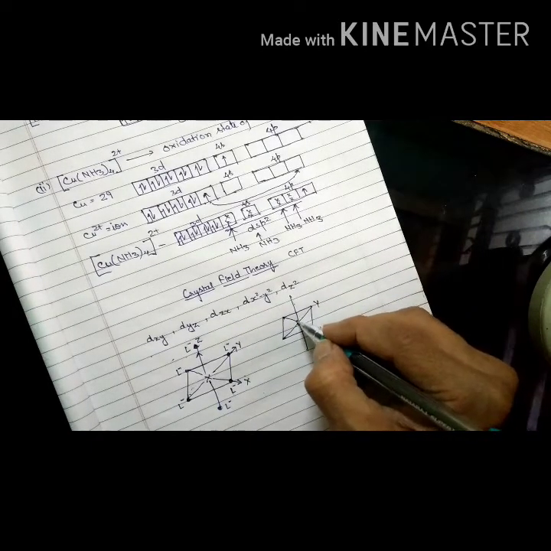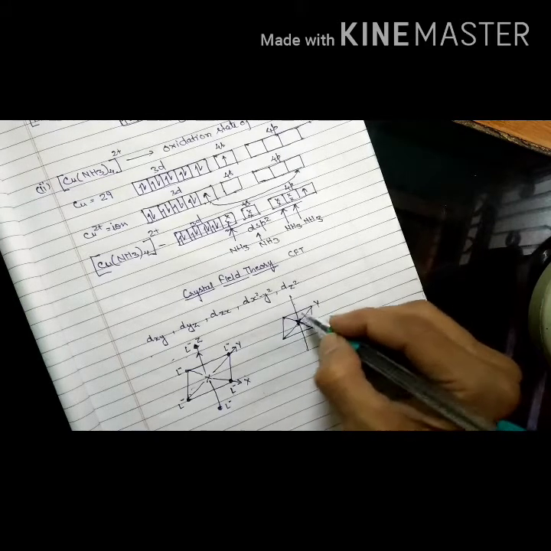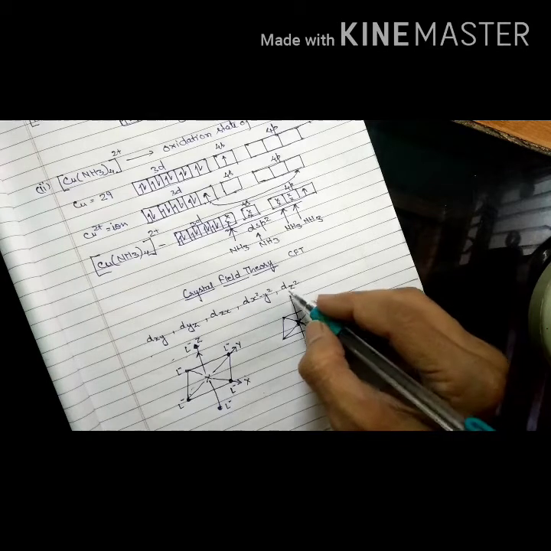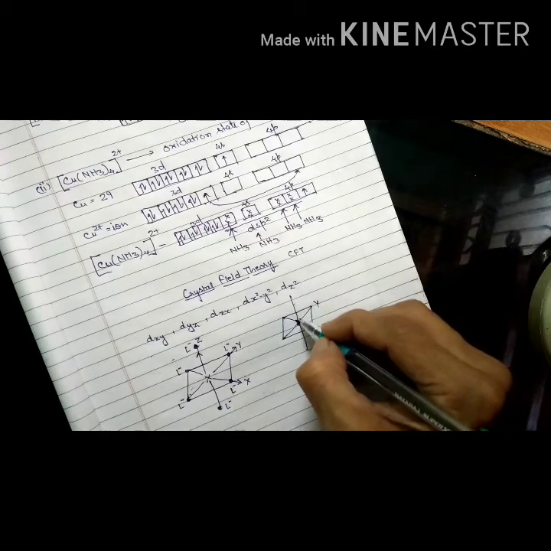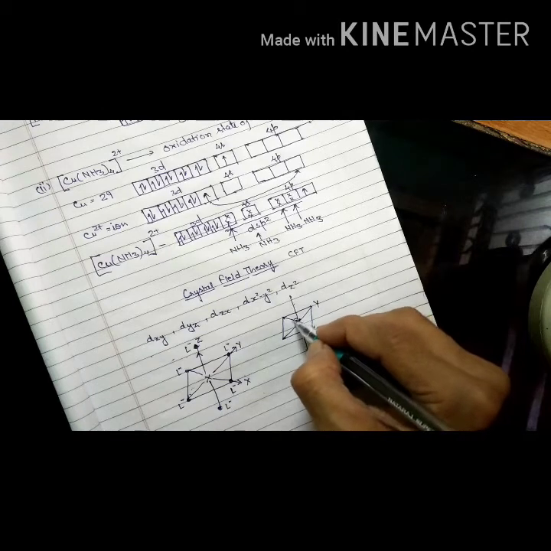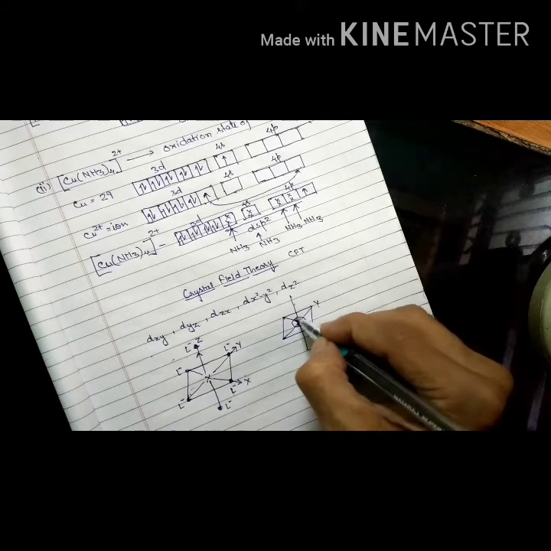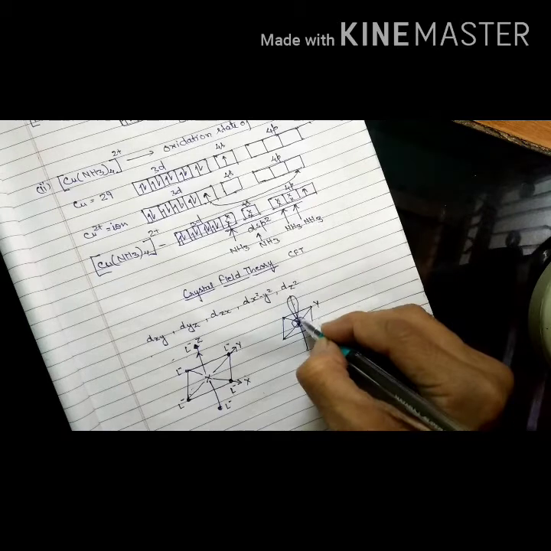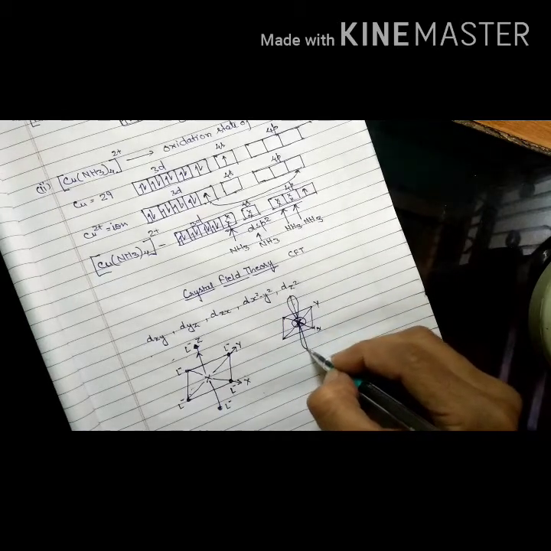At center, this is the x, which is a central metal atom, and an orbital lies on the z axis like this.